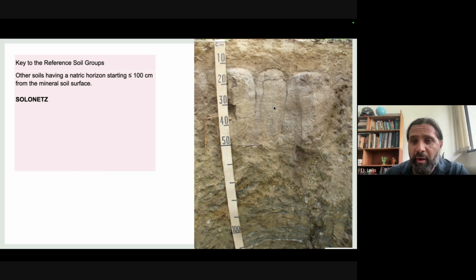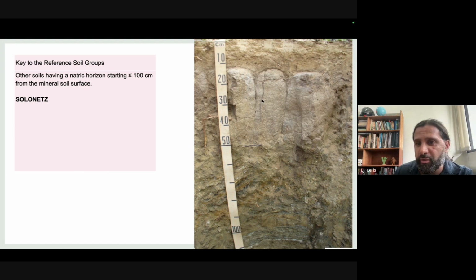The natric horizon hardly favors root growing at deeper horizons, or at least below this natric horizon, because of the very high bulk density.